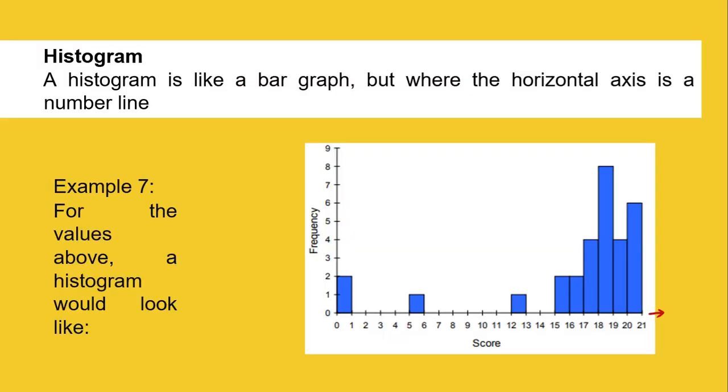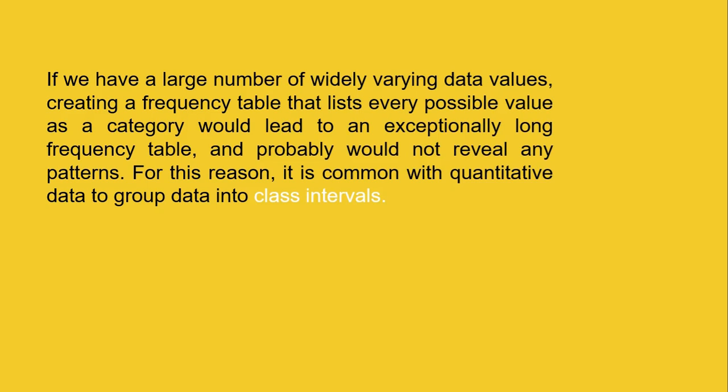There are also times when we have varied amounts of data, and some of the values are wide from one another. This time we can group them in what we call intervals.